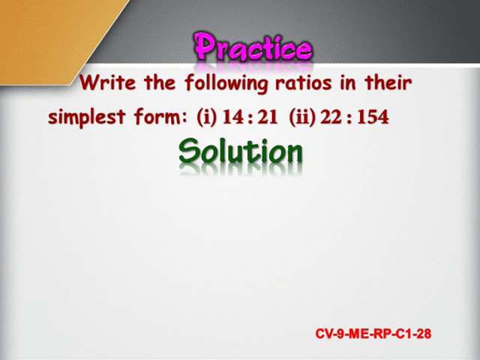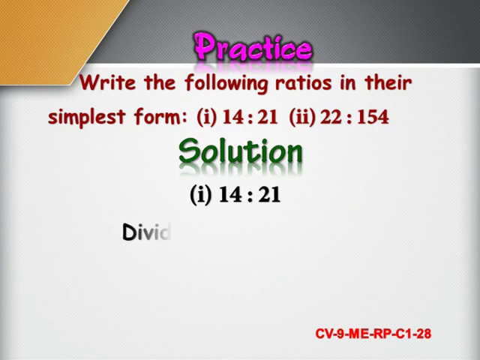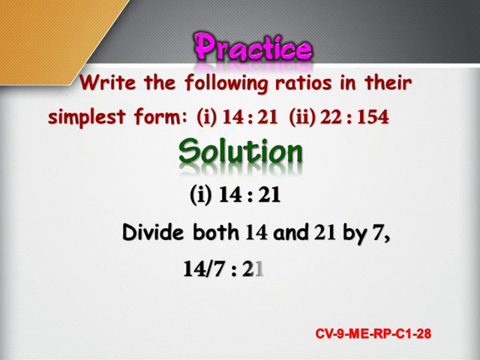Here is the solution. 1. 14:21. Observe that HCF of 14 and 21 is 7. Divide both 14 and 21 by 7, or 14 by 7 is to 21 by 7, which is equal to 2:3.